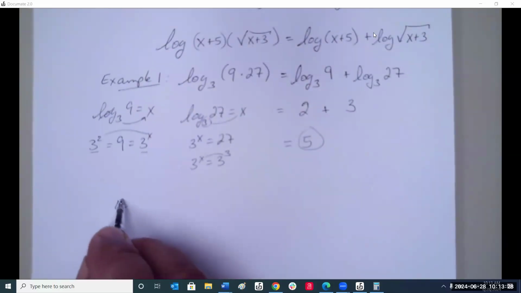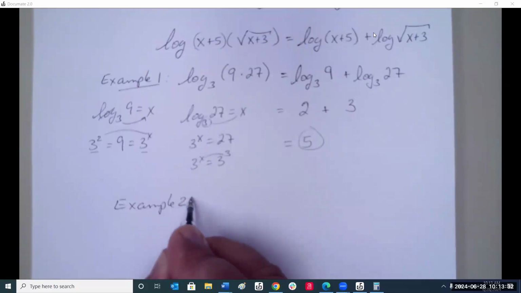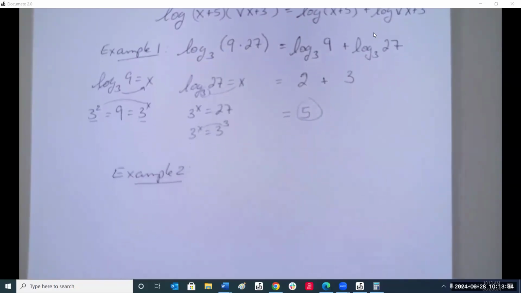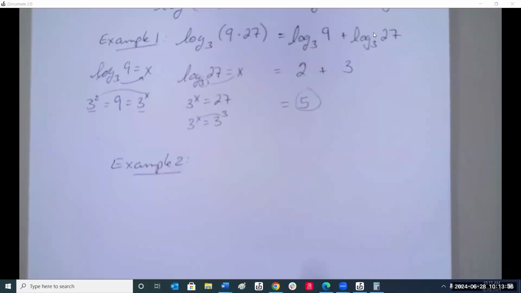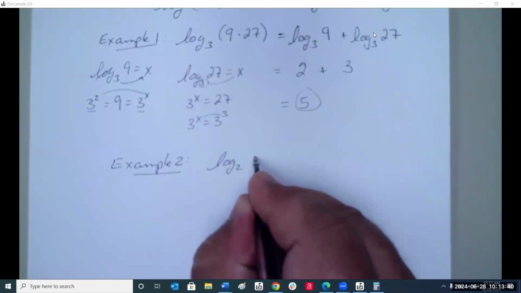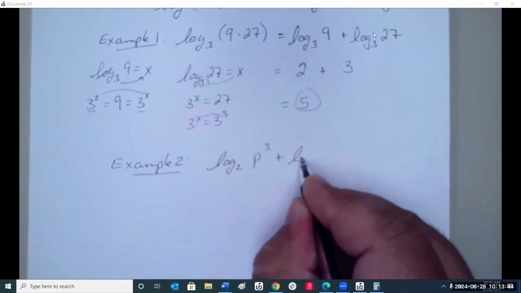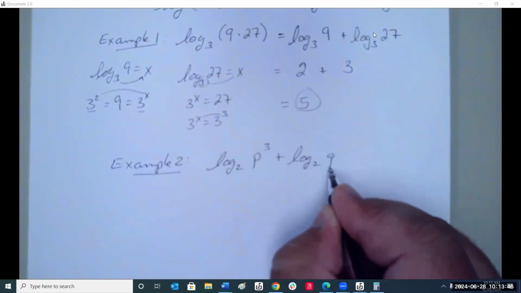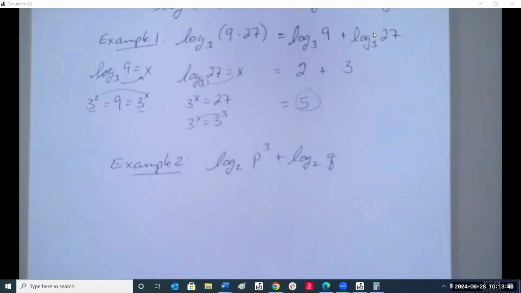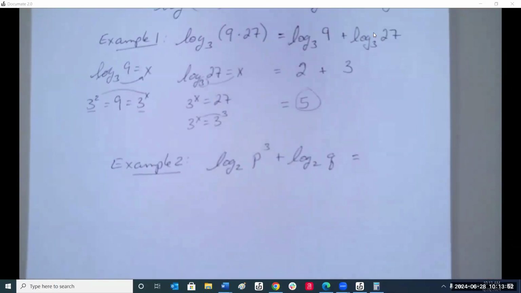You should also be able to go backwards. If I gave you this expression, log base 2 of p to the third plus log base 2 of q, how would you put those two together?